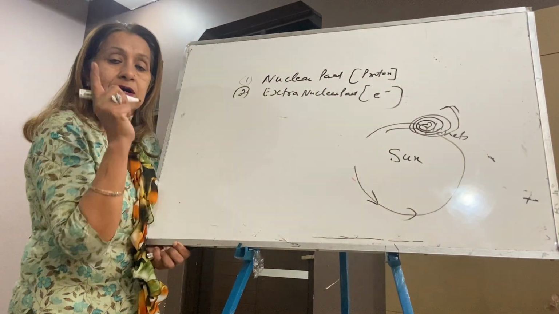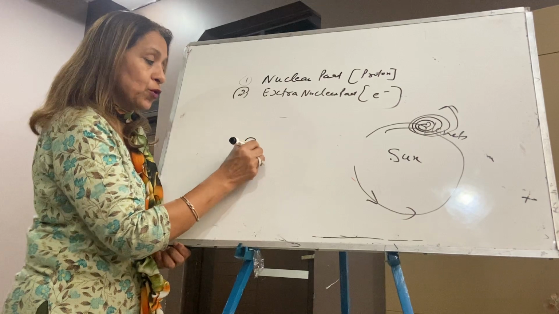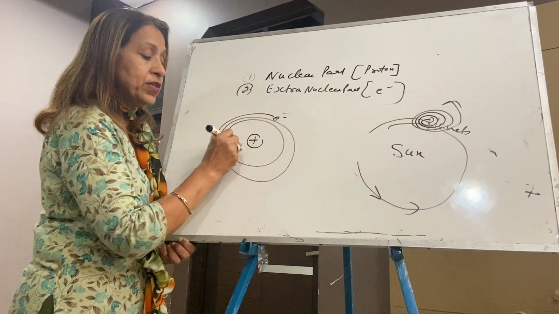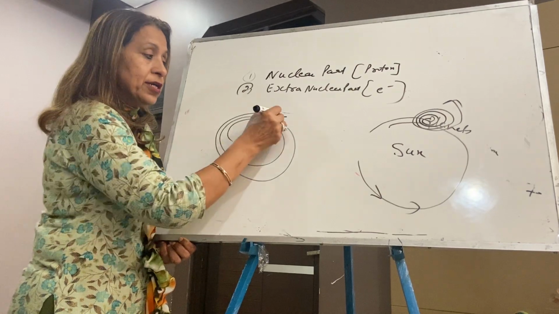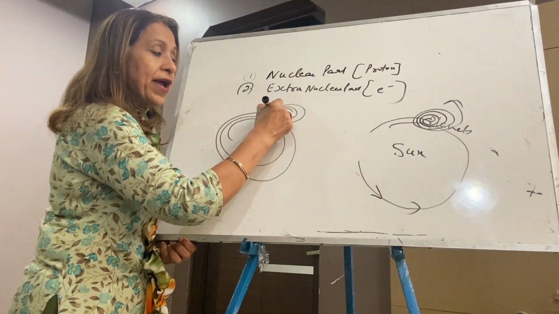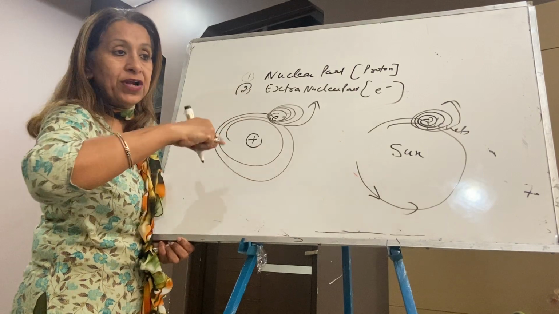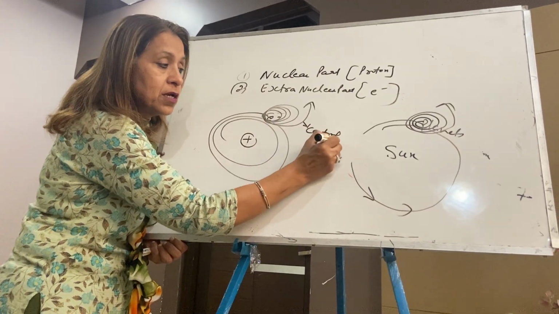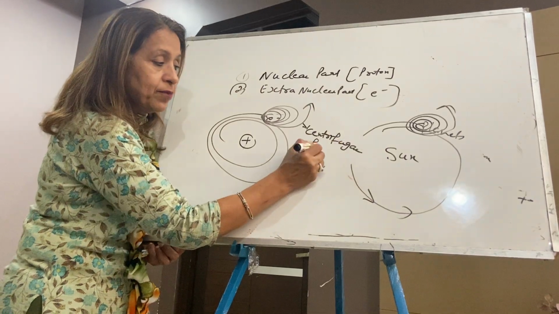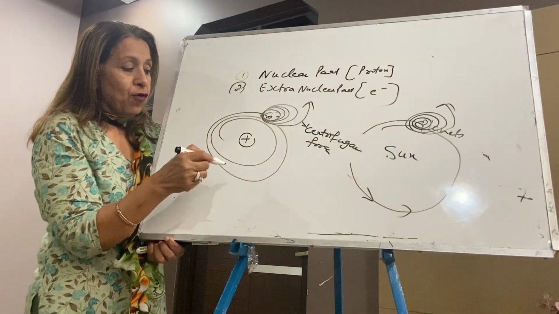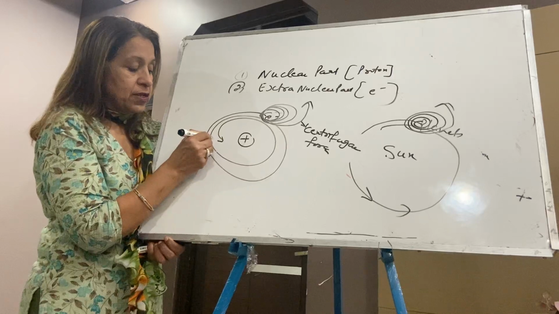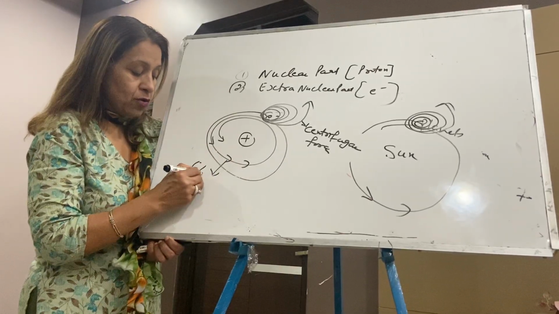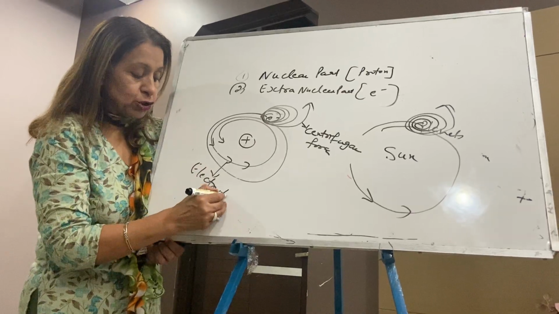In a similar way, Rutherford said, this is your proton, and the electron not only moves around the proton, it also rotates on its own axis. When the electron rotates on its own axis, there is a centrifugal force acting outward. And when the electron revolves around the nucleus, there is a force acting inward. It is called the electrostatic force of attraction.